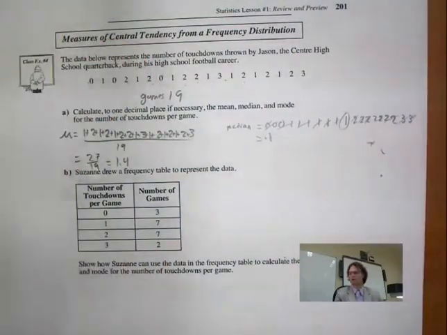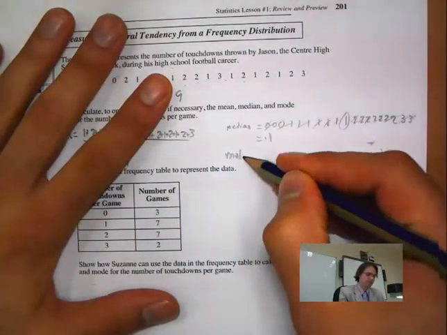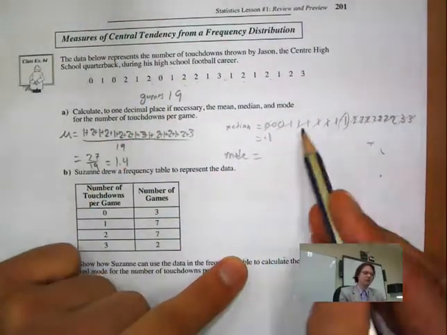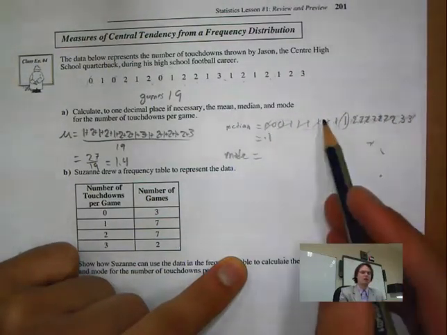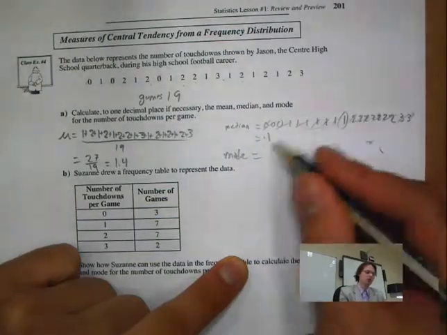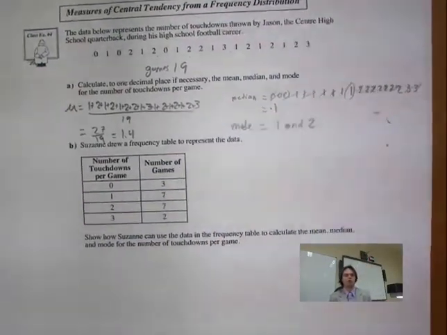Now we're going to do my mode. If we look at my mode, we have 7 1-touchdown games and 7 2-touchdown games. Right? 7 games you did 1, 7 games you did 2, so we have 2 modes. We have 1 and 2, because they're tied for the most common.